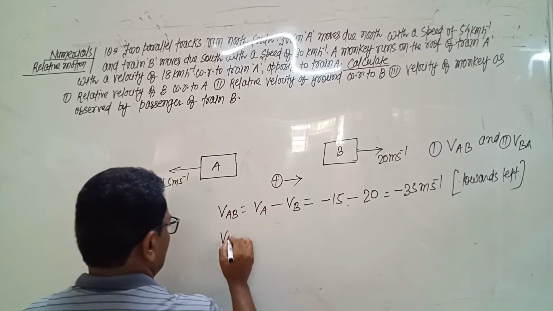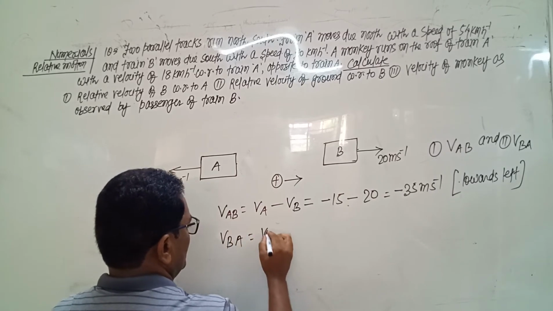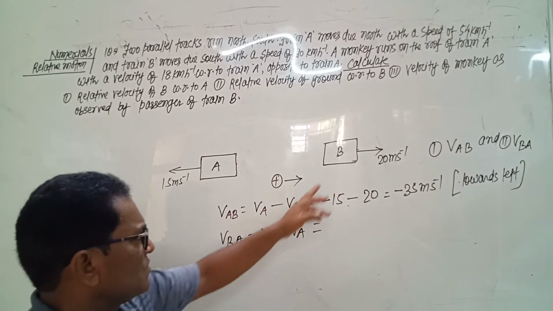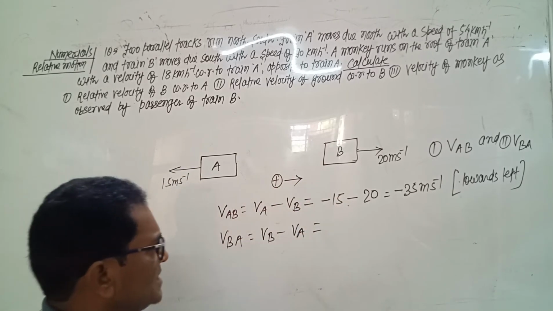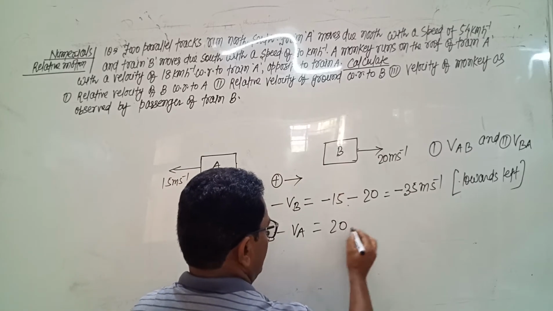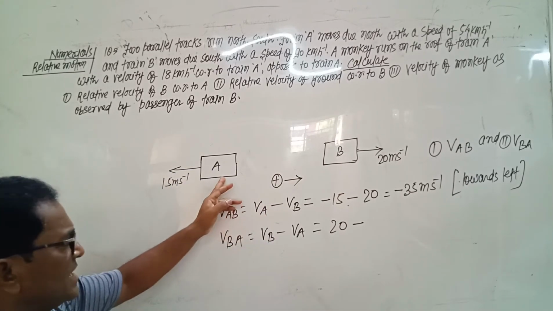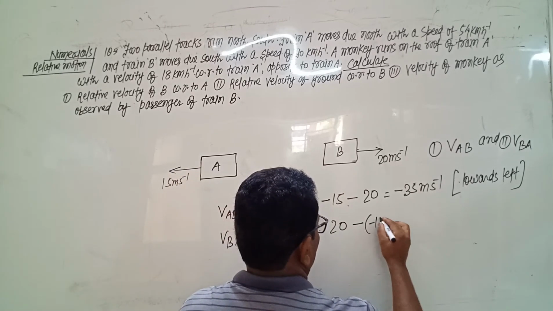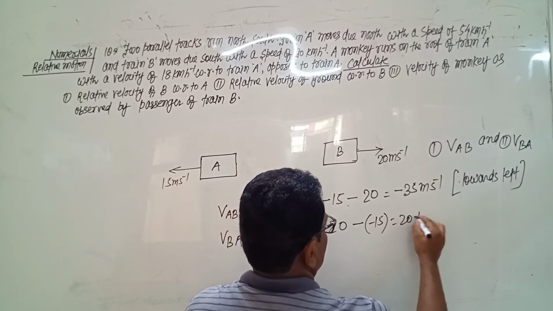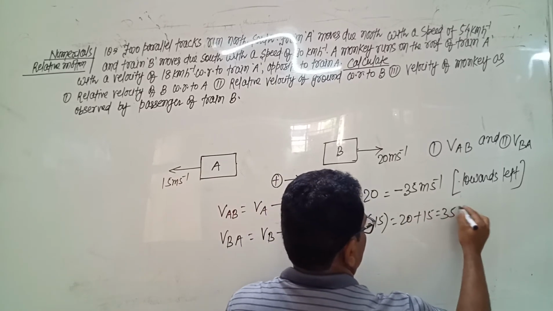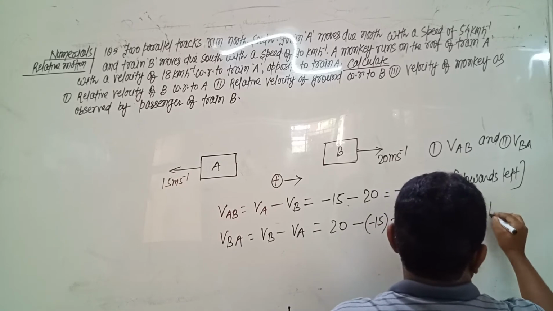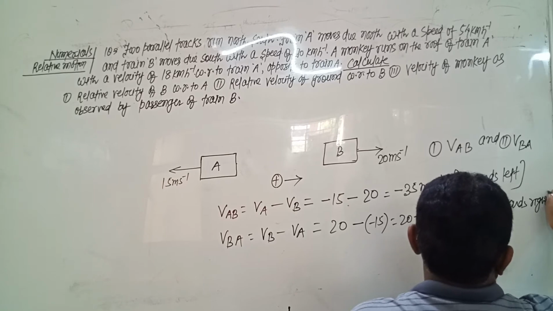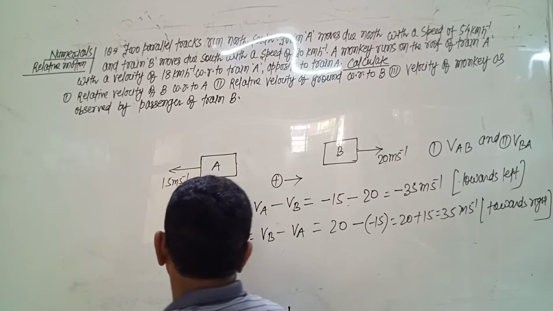And VBA equals VB minus VA. The direction of B and our assumed direction are the same, so it is taken 20, minus A, which is opposite to the assumed direction, so minus 15. 20 plus 15 is 35 meter per second, towards right. The positive value indicates towards the right.